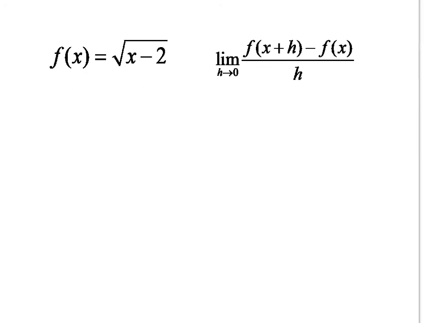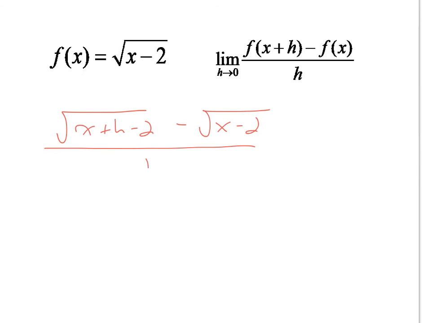So I'm going to have radical x plus h minus 2, minus f of x, which is radical x minus 2, all over h. And of course, as h goes to 0, we're going to get 0 over 0. Okay, so we already know it's an undefined term.